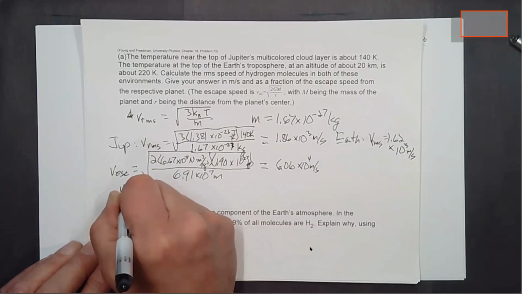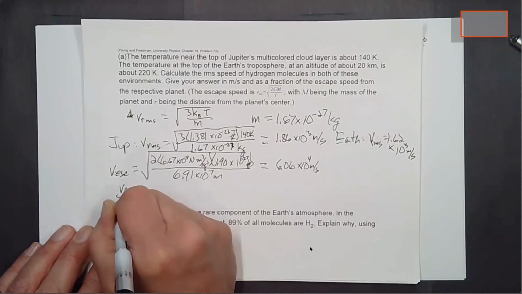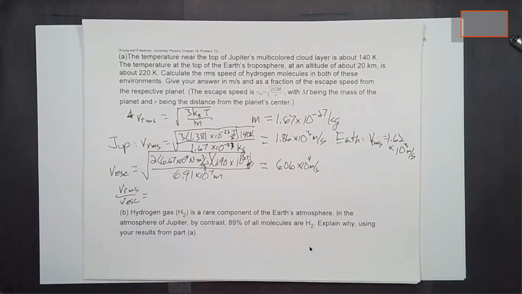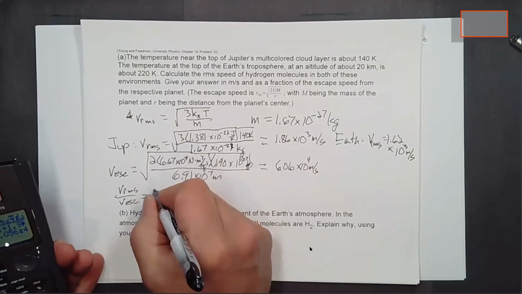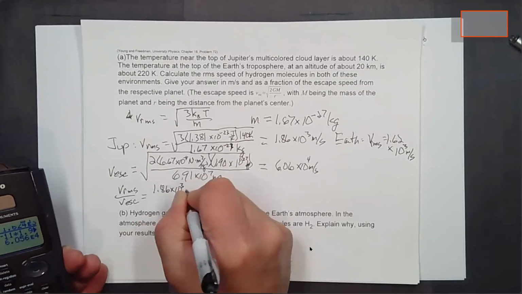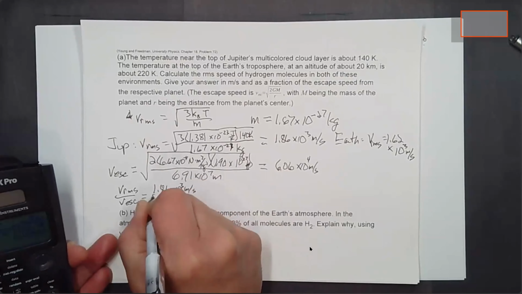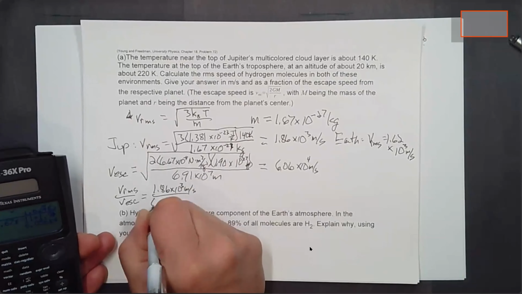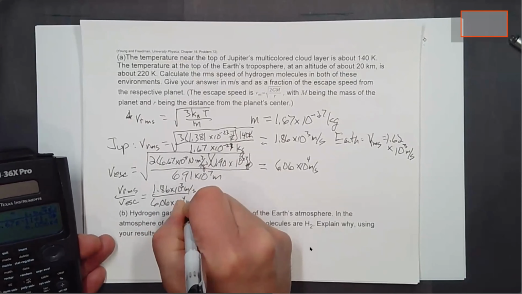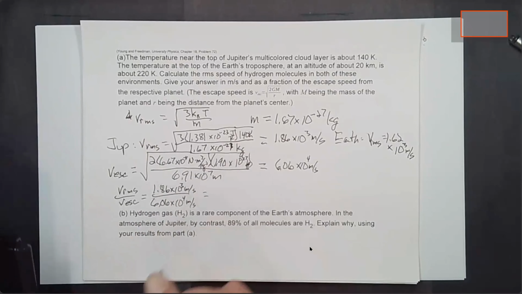So VRMS over V escape is going to be 1.86 times 10 to the third meters per second divided by the 6.06 times 10 to the fourth meters per second.